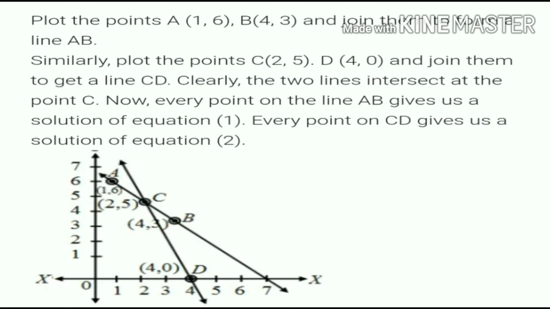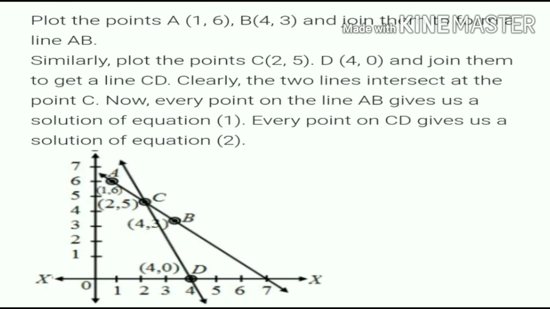So again, same thing, we will draw a graph, and whatever the points, A point that is 1 comma 6, we have represented as point A, and B point that is 4 comma 3. So we have represented B 4 comma 3, and that is line segment AB. The C point that is 2 comma 5, we have represented C, and D, and that is the line segment CD.